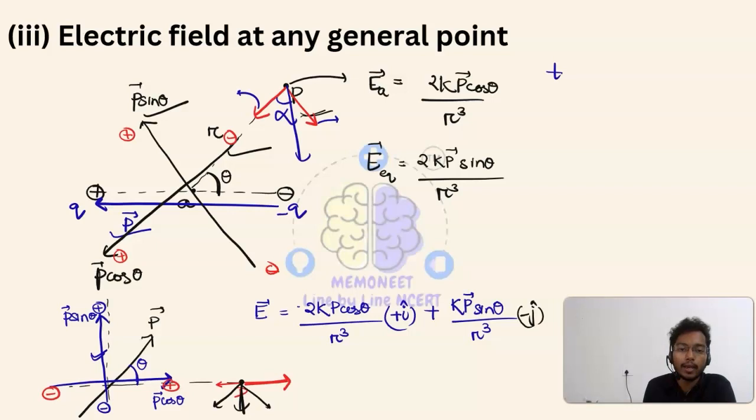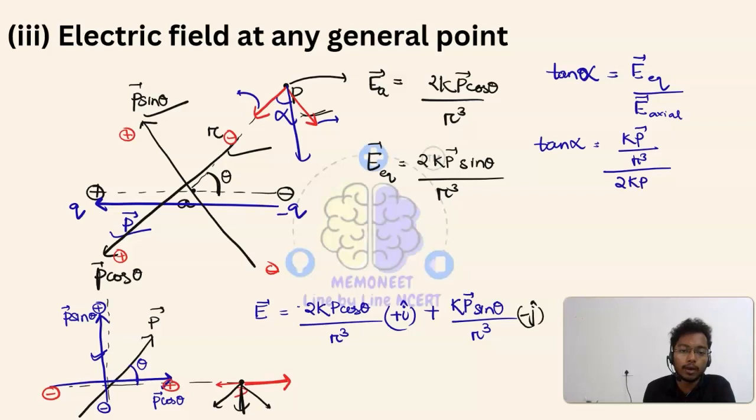So tan alpha, we can write it as electric field due to the equatorial upon electric field due to the axial. So tan alpha is equals to kp vector sin theta upon r cube upon 2 kp vector cos theta upon r cube.